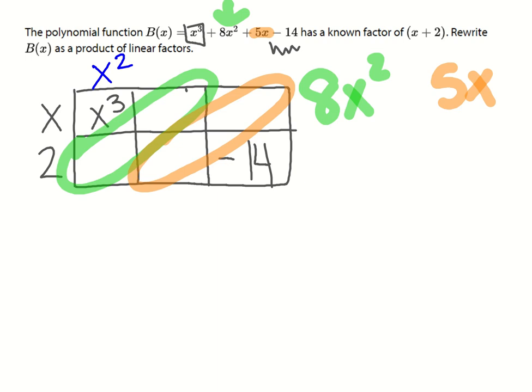I know x squared times 2 will give me 2x squared. But remember, what I have in green, I said was going to add up to 8x squared. That tells me that this upper box has to be 6x squared. Now I know a little bit more of my box.